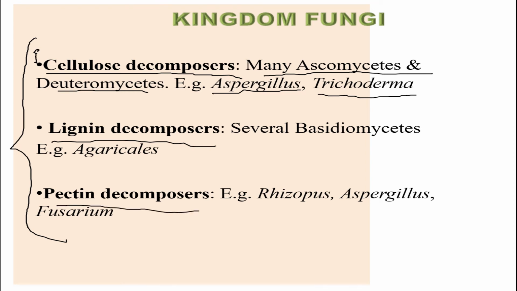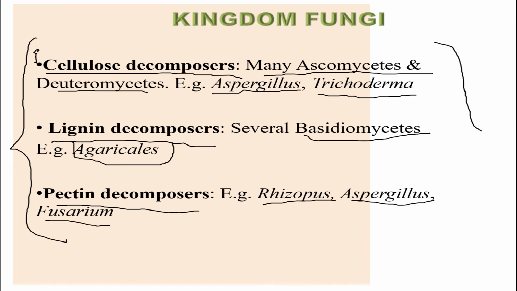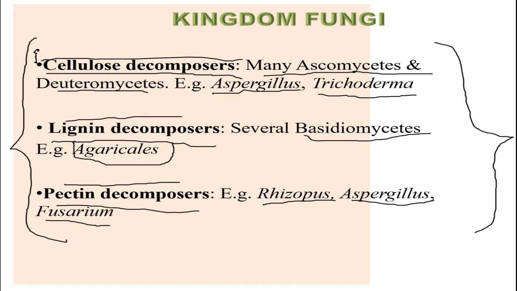Under pectin decomposers, there are fungi known as Rhizopus, Aspergillus and Fusarium. These are decomposer fungi, which help in the decomposing of soil matter. So this is the cellulose decomposers, this is the lignin decomposers, and this is the pectin decomposers, and examples are given as such.